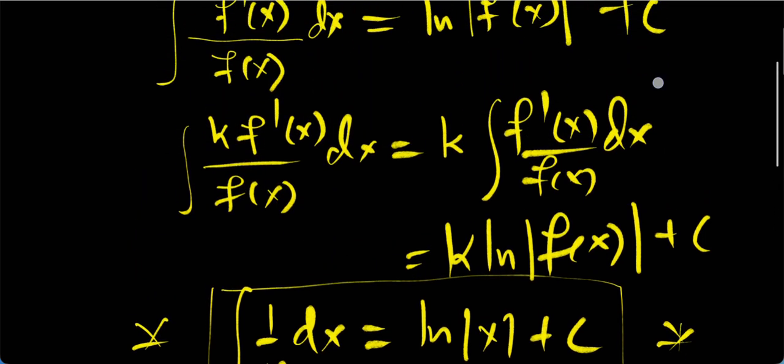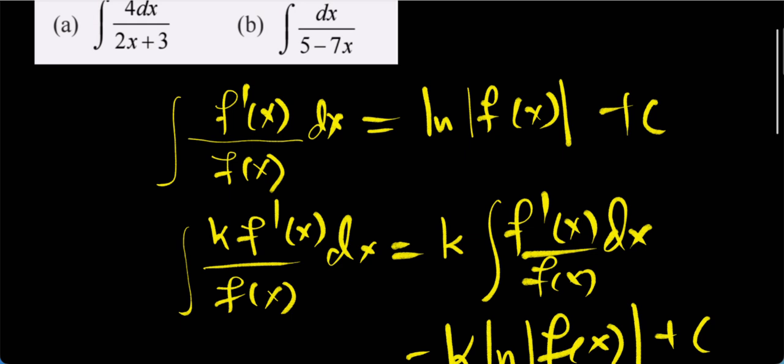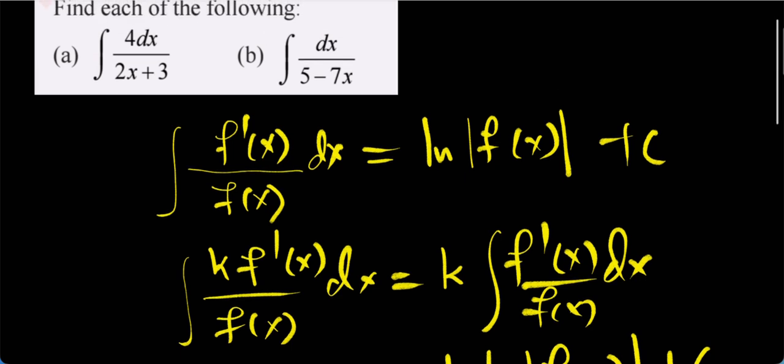For example, with our first question, the integral of 4 over 2x plus 3, you can see the derivative of the denominator is 2, but at the numerator we have 4. So we can express the numerator 4 as 2 times the derivative of the denominator, and then directly we'll have our answer. But we need to show the solution.